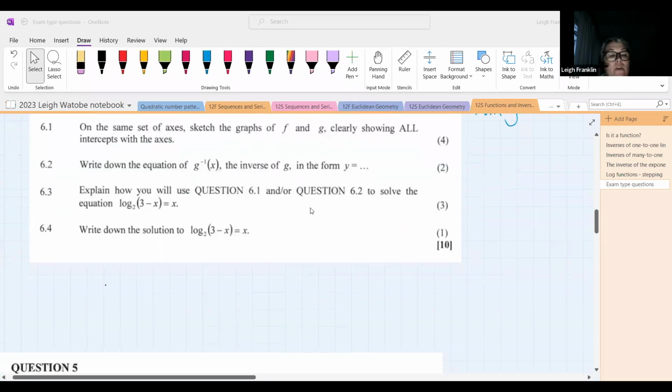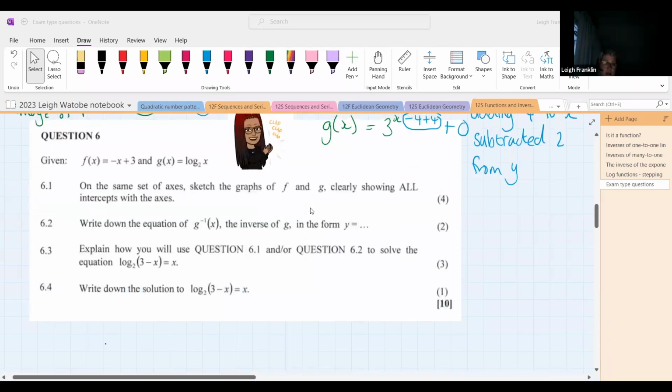Okie dokes, let's have a look. We were talking about this question in the other class as well this evening, so I wanted to do this with you too. This is also a little bit of a more difficult sort of question, certainly when we get down to 6.3 and 6.4, but the beginning bit of it is not too bad. Again, we're dealing with log graphs, and f of x is what sort of function, Matrix?